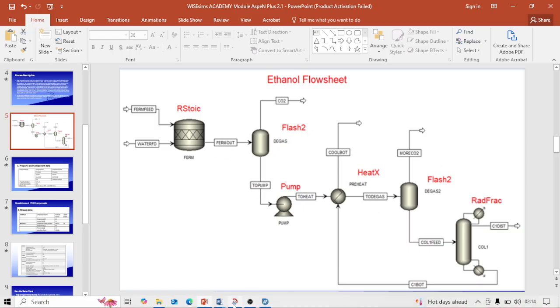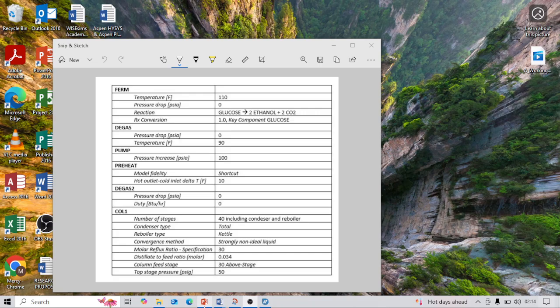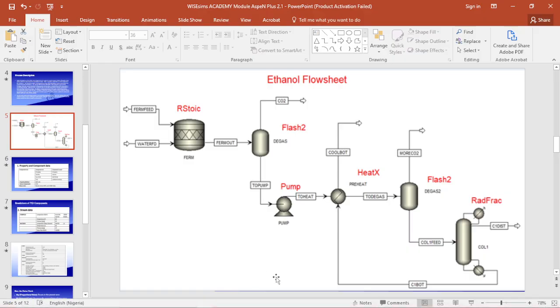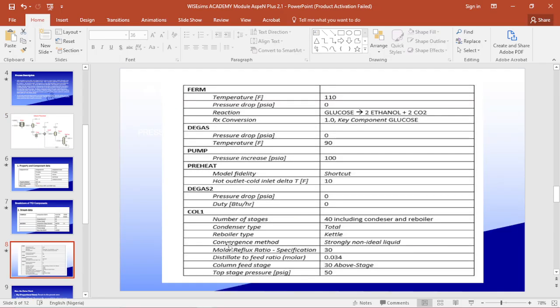Alright, so let's quickly run these specifications. Okay, we have 90, which has been done already, and then for the pump it's running at 100. Pressure increase to 100. Alright, so let's get back to our simulation environment.